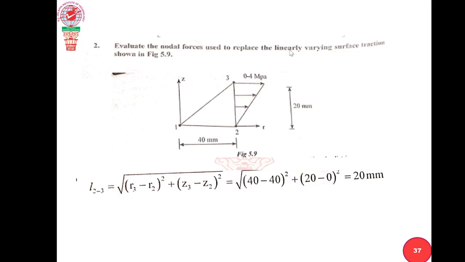See, it is not 0 to 4 megapascal. Keep this in mind. Sorry, it is 0.4 only.